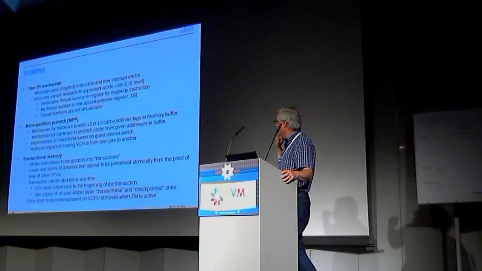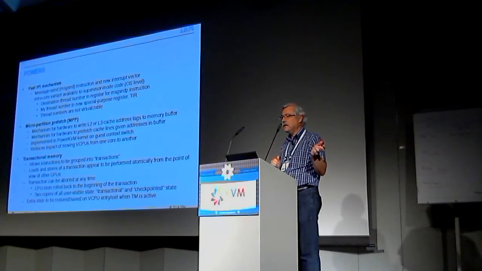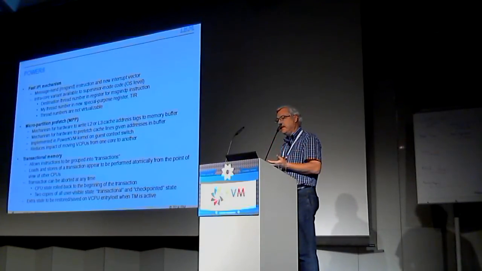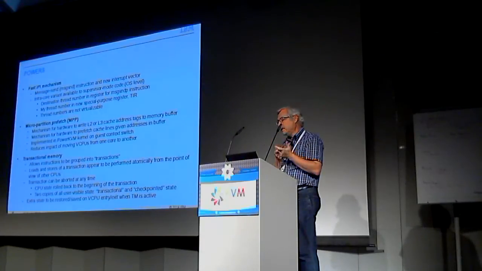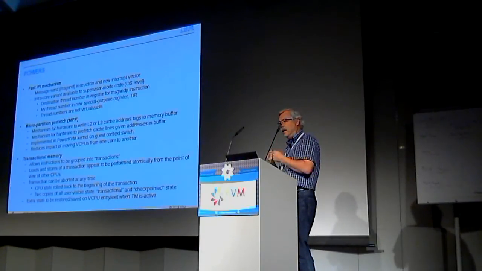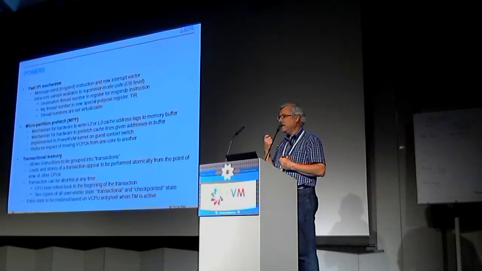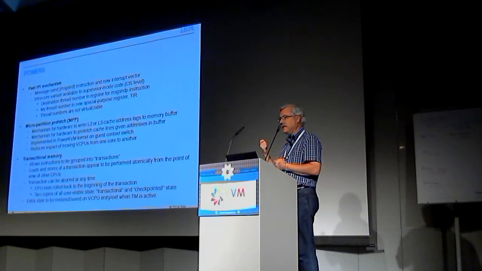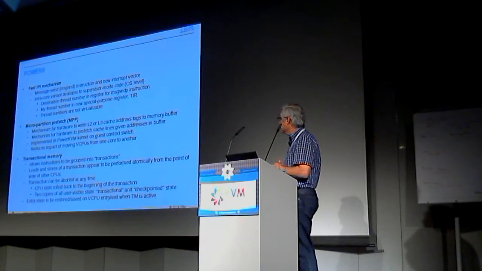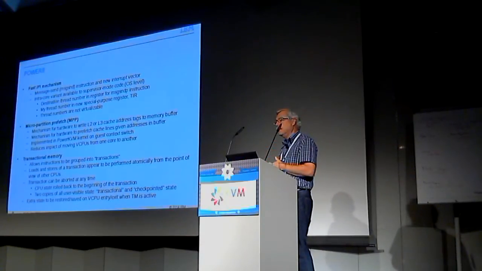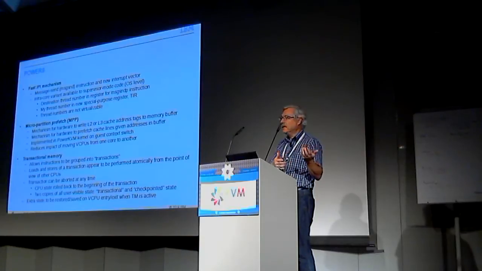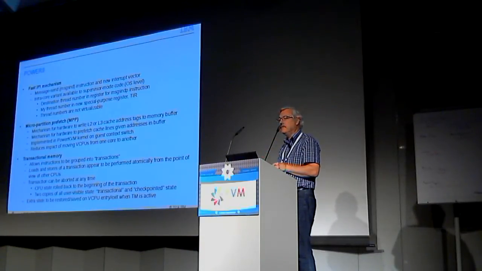Then you can run some other guest. When you want to come back and run that guest again, you can give the address of that buffer to the hardware, and the hardware will go and read the addresses from that buffer and prefetch those cache lines into the level 2 cache. So that then by the time you get into the guest, the cache state that it left with is largely established, ready for it to go again.